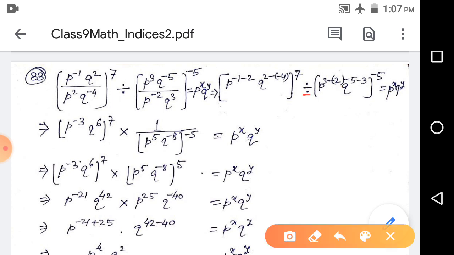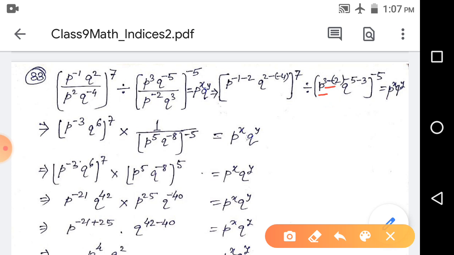If this division sign is converted into a multiplication sign, then we take the reciprocal, so I have taken 1 by this part. So this p has power 5, because 3 minus minus 2 is 3 plus 2, which becomes 5.